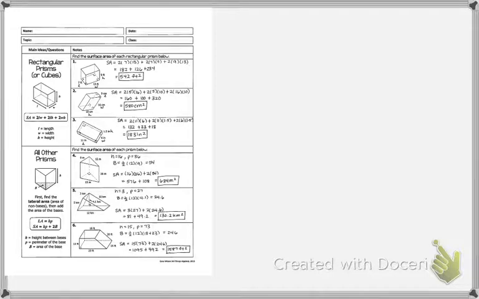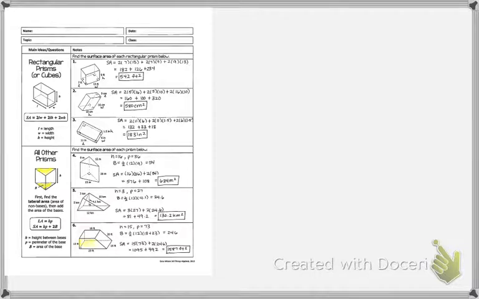Now, if you look further down, where it says all other prisms, those are going to be defined by whatever the base is. Notice it has two parallel bases, and those parallel bases are triangles. So this would be a triangular prism. But if you look at number 6 right here, which ones are the bases? The bases are the ones that are always parallel to each other.